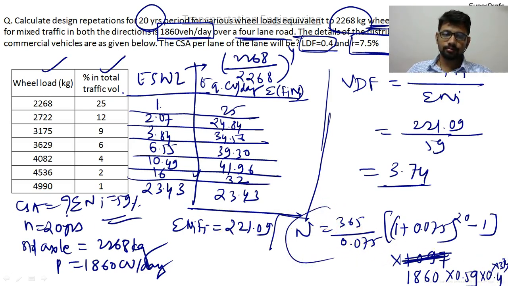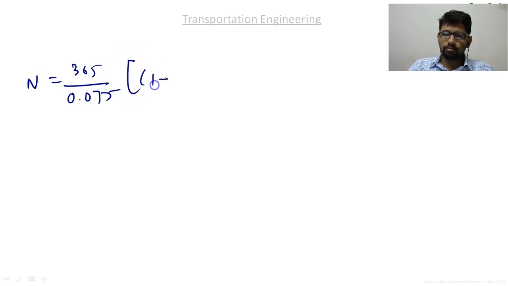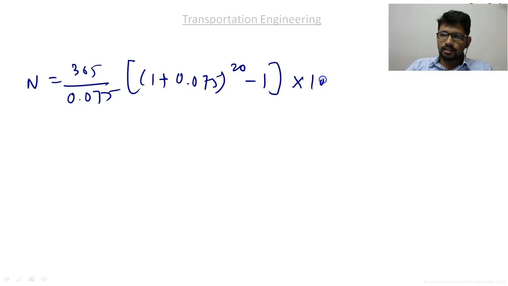Okay guys, sorry. I'll repeat it, I'll write it over here. So N equal to 365 upon 0.075, in bracket (1 plus 0.075) to the power 20 minus 1, into 1097 into 0.4 into 3.74.